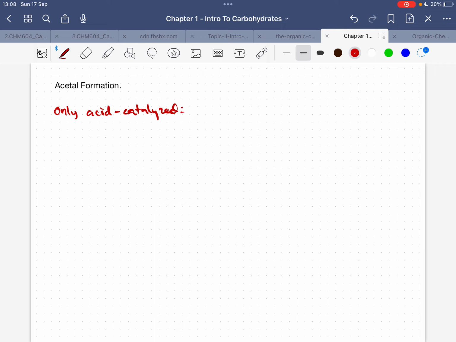So in acetal formation, you need a leaving group. The carbonyl oxygen, you need to make it an effective leaving group. So if it is basic, if the reaction is under base, the carbonyl oxygen does not come off as a leaving group. Okay?